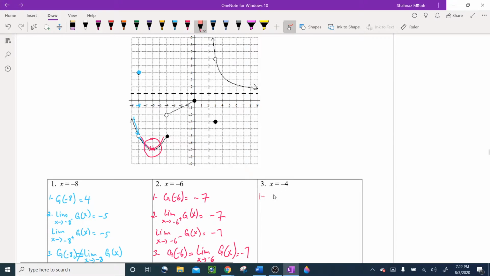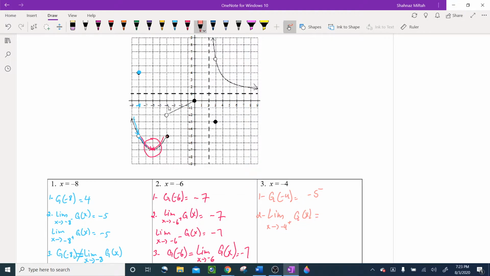So first condition, g of -4 equals... This is -4, and that's a hole, that's not a point. We're not talking about limit, we're just talking about a point. But this is the -4 point, which is -5. Second condition, limit as x approaches -4 from the right of g of x equals... from the right.